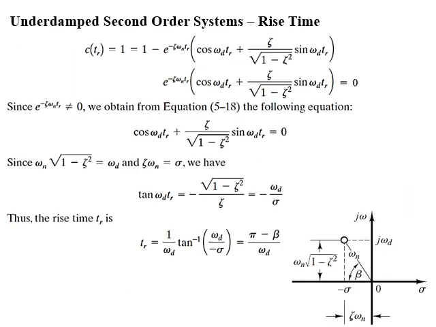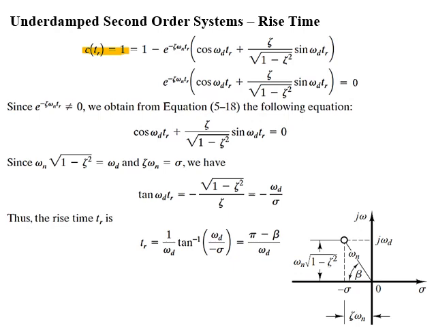Dear students, now we will develop a mathematical relation for rise time. We have the output equation for the time response of a second order system. In this, we will replace time with rise time, and at rise time, the output of the response will be equal to 1.